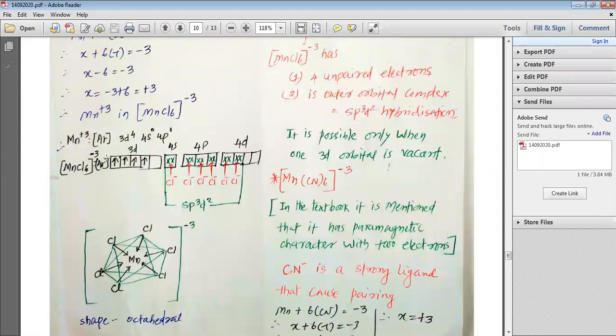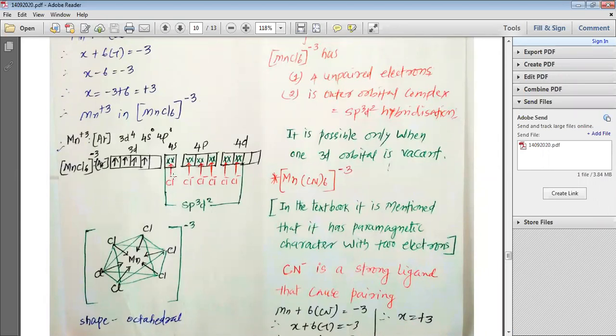Now in [MnCl6]3-, the 6 Cl- have to come. So 3d has been filled with the 4 electrons. One orbital of 3d remains vacant, and then using the one 4s, three 4p and two 4d orbitals, sp3d2 hybridization has taken place.